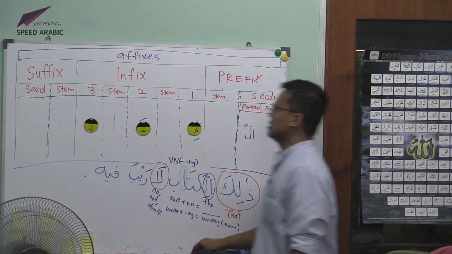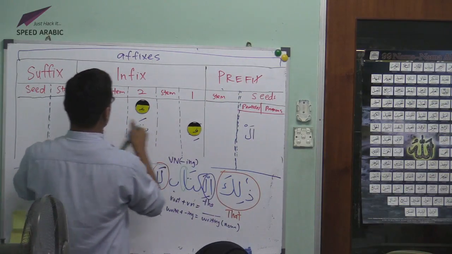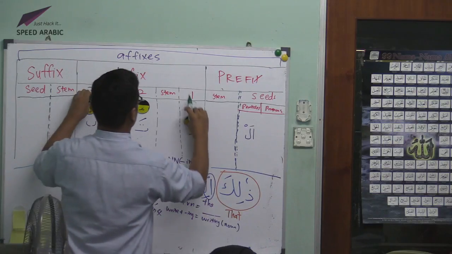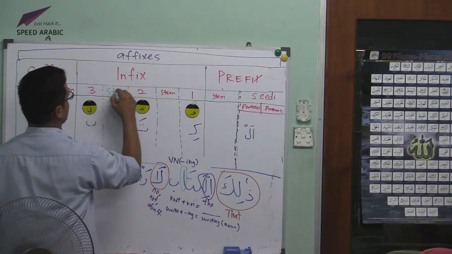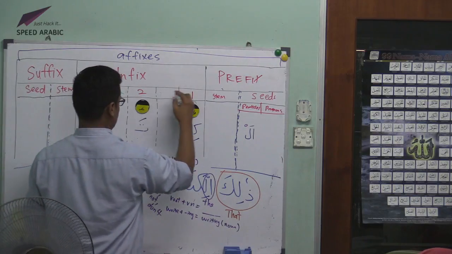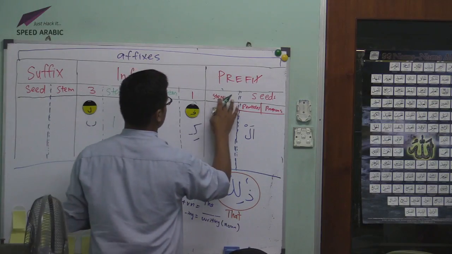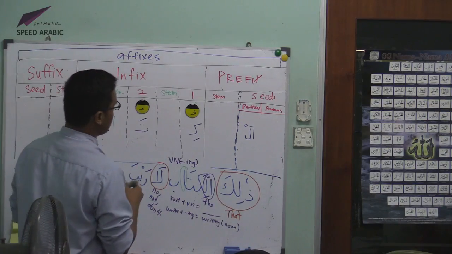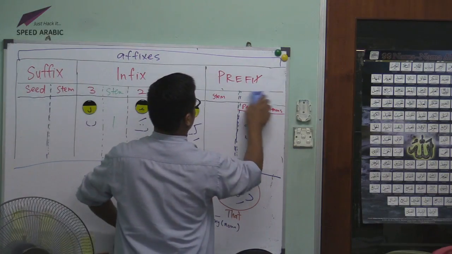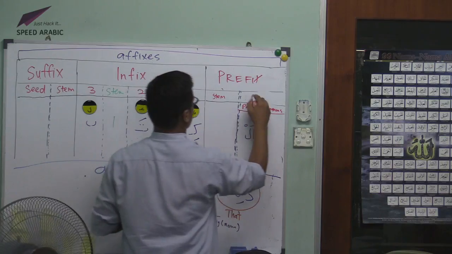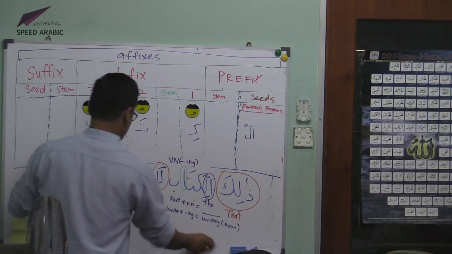Green. And la, what's the color for la? La is yellow.